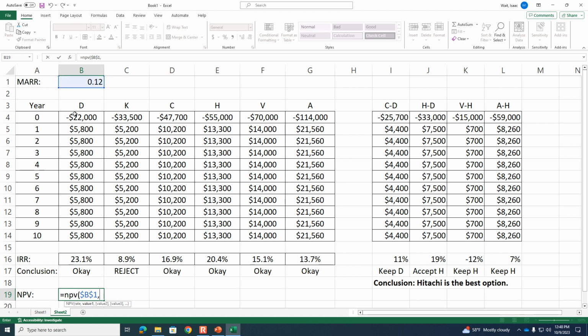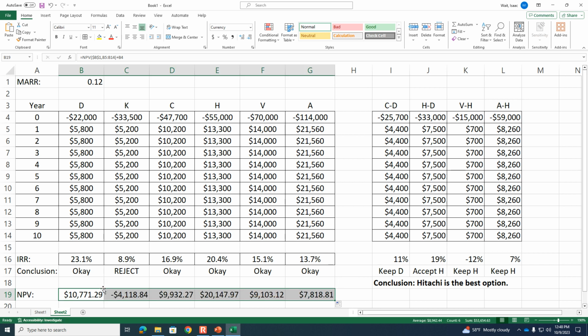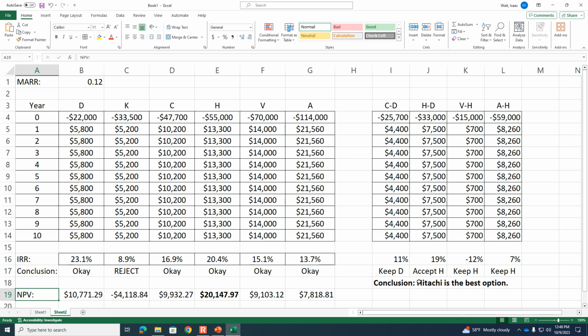Now for the values, I only include the amounts that are in the future, and outside of the NPV function is where I add on the cost, which is already at time 0. So we can find out the net present value of each of these alternatives, and we see that the highest net present value is the Hitachi option. So that's the one that we'd select according to present worth analysis, and that is the same conclusion we came to with incremental analysis. All right.